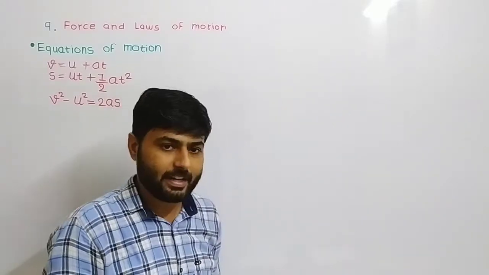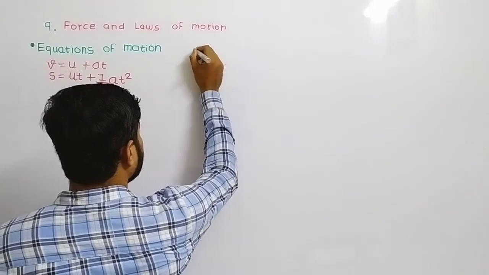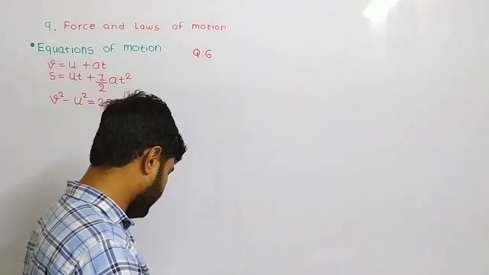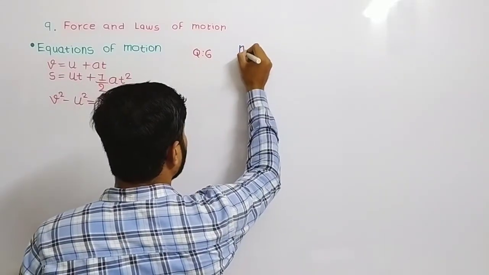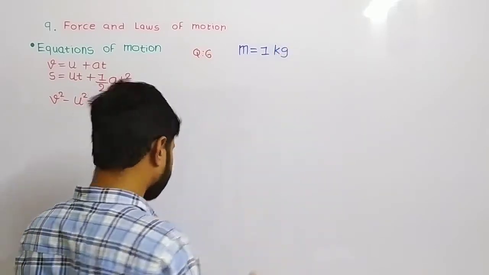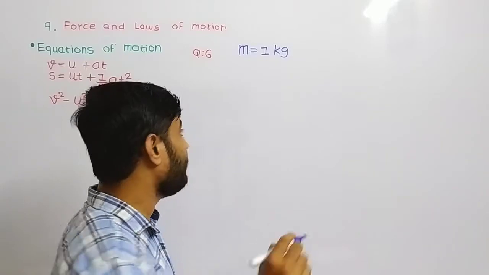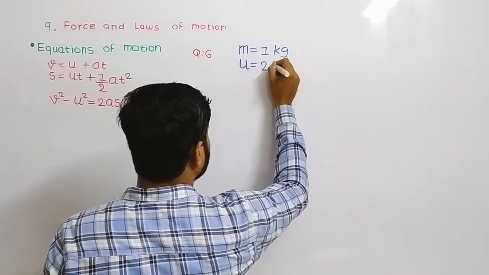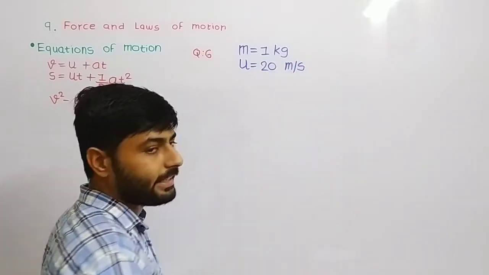Let's write the data first. In question number 6, the given data is mass is 1 kg. So I have m is equal to 1 kg. Initial velocity is 20 meter per second, so I write u is equal to 20 meter per second.